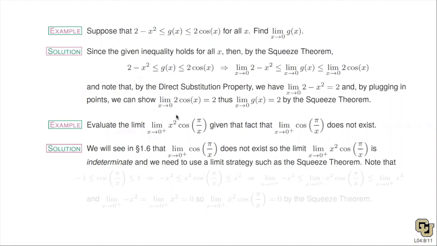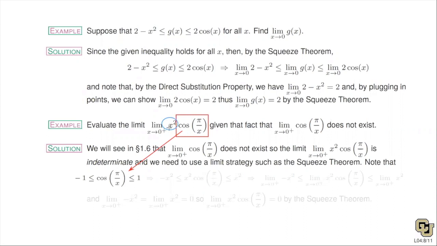The easiest way to establish an inequality is to start with an inequality. One thing we know about cosine by itself is that cosine is always between -1 and 1. And the function we're dealing with is not cosine by itself, it's cosine times x squared. So now I'm going to multiply in the x squared.